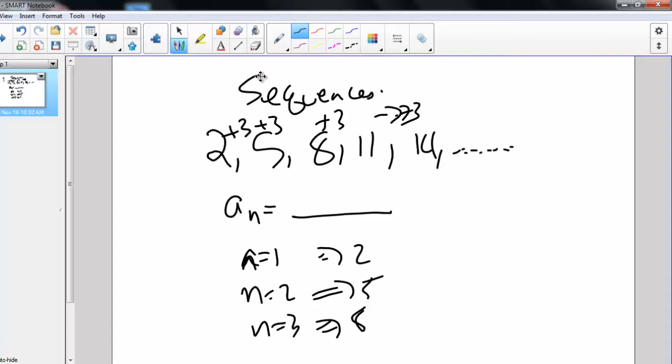So this one's going to be 3n, and then the way I do it is I start with 3n and I say, okay, well, we got to get to this piece in front of it. What number comes in front of it? Well, if you added 3 to it, it would be minus 1.